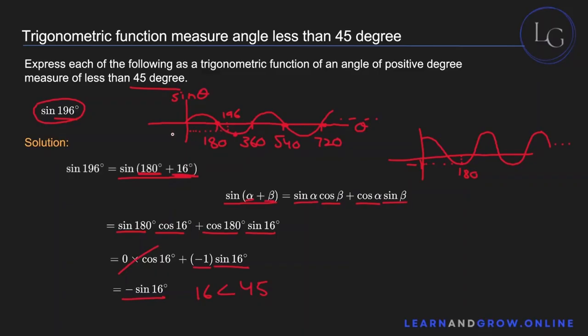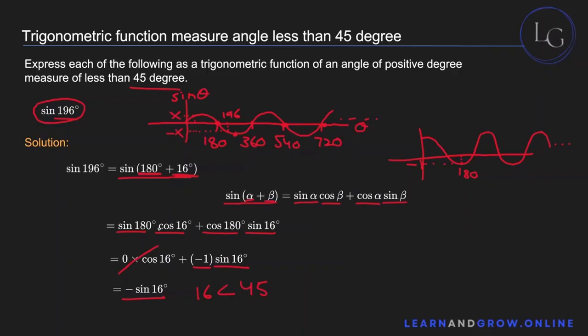Let's call this negative x, okay? And basically, sine 16 is over here, right? And that is exactly the same length as negative x from the 0th position, except it's on the positive y-axis, right? So this is x.